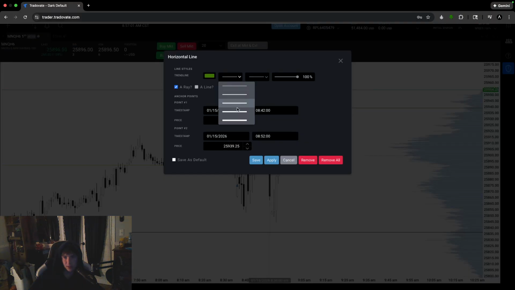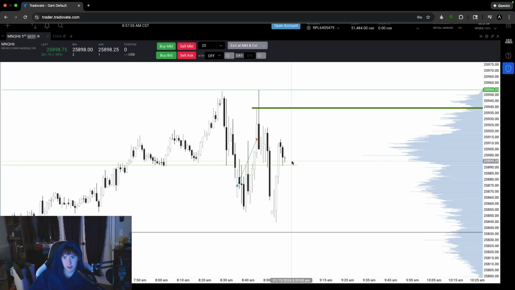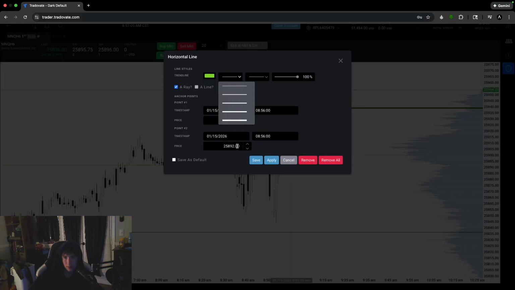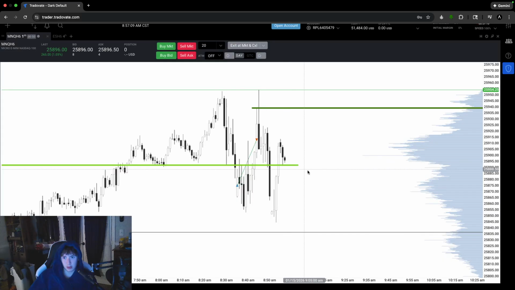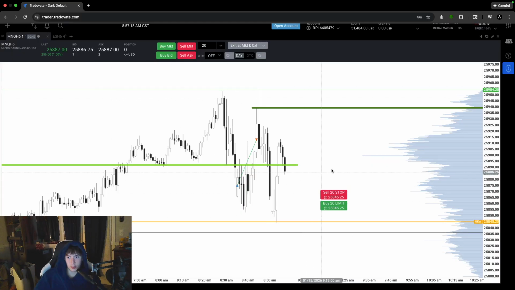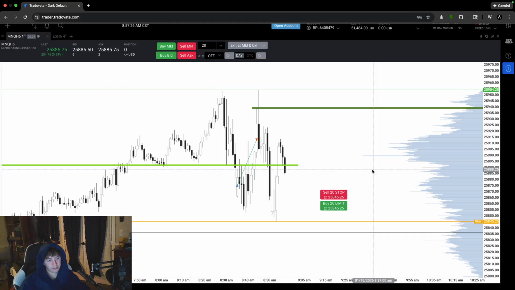We'll make this big so it's obvious. Those are our entries. Oh, we gotta do a stop loss. Stop loss at the low. I would not normally take this, but it's backtesting.